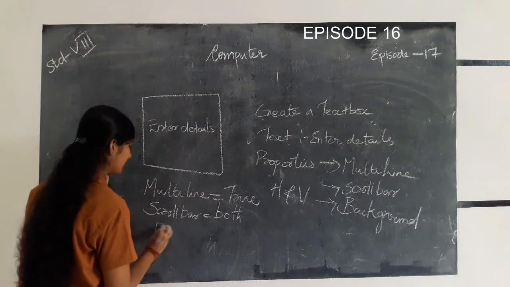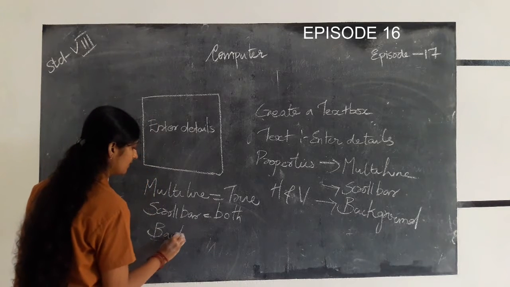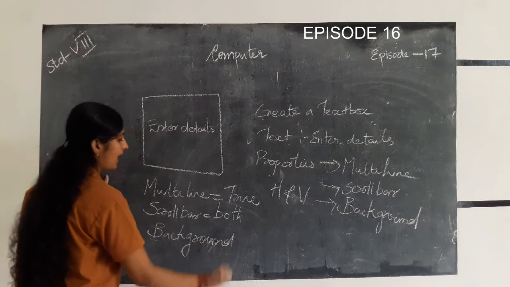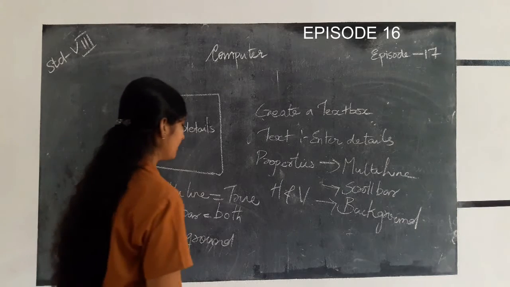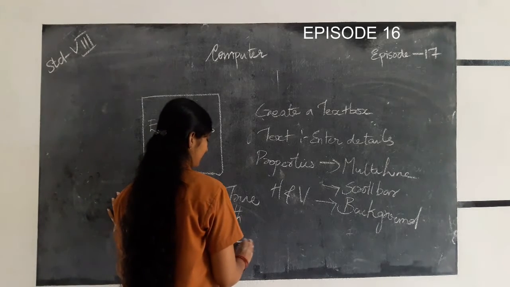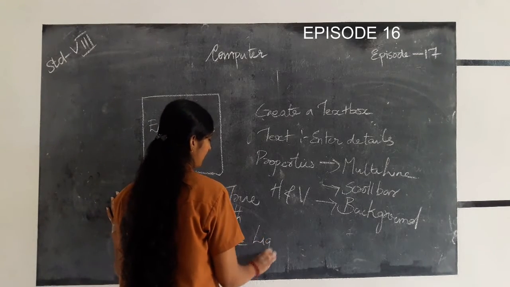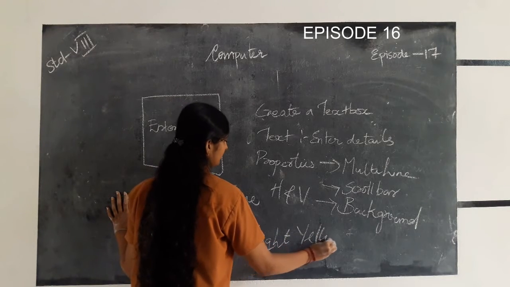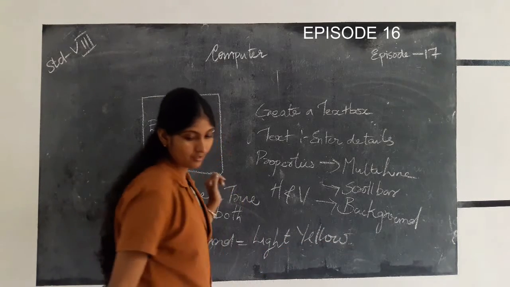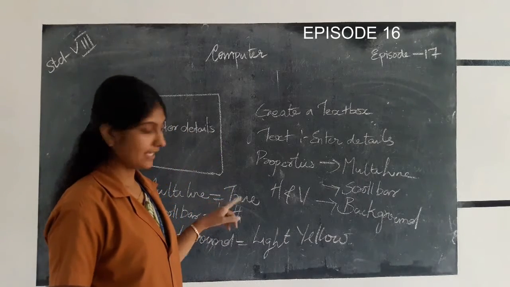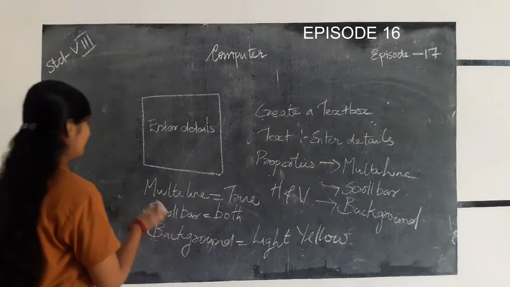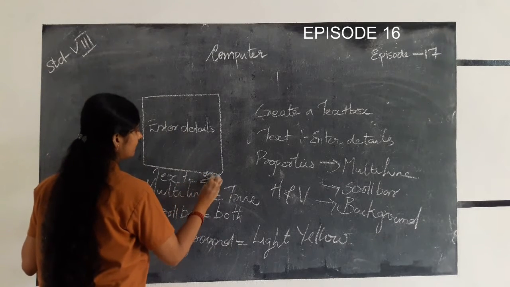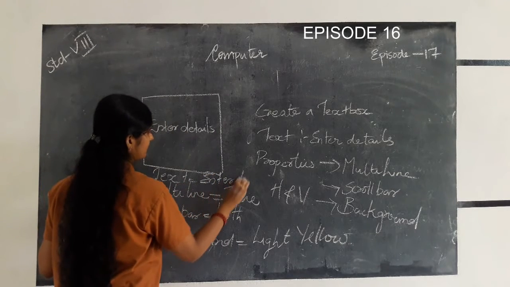So background is equal to, select the property background and then the down arrow button, select the color, light yellow. Okay. Then text equal to Enter details.